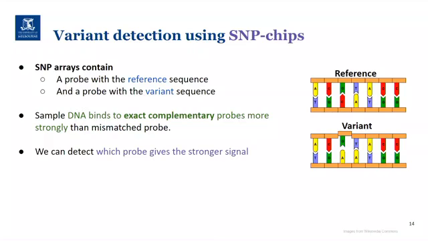In that way, we can detect which probe gives the stronger signal: one of them, the other, or both. However, this has an important limitation, which is we can only detect what we know, what we have probes for. So this is a very specific approach.